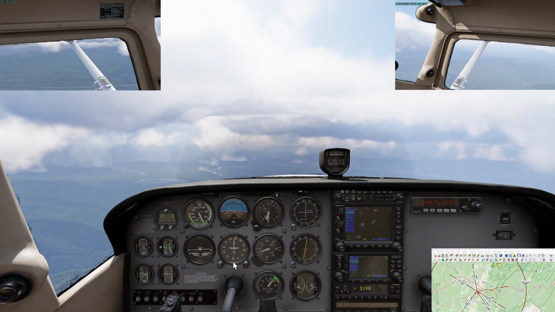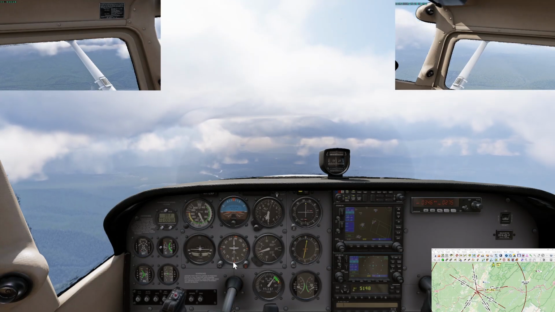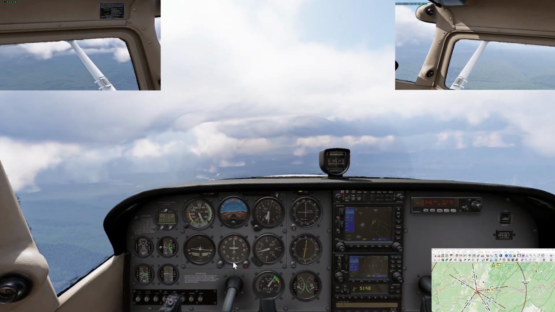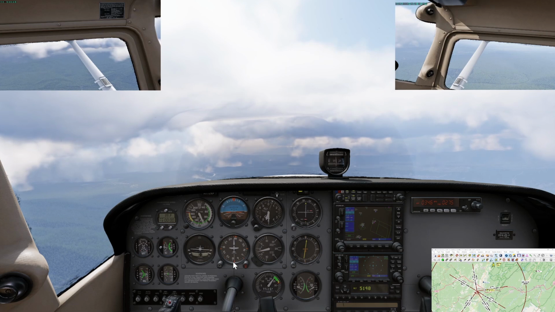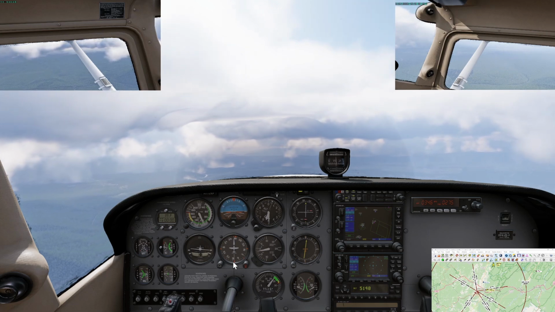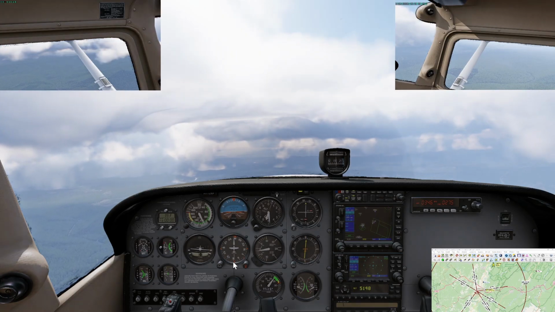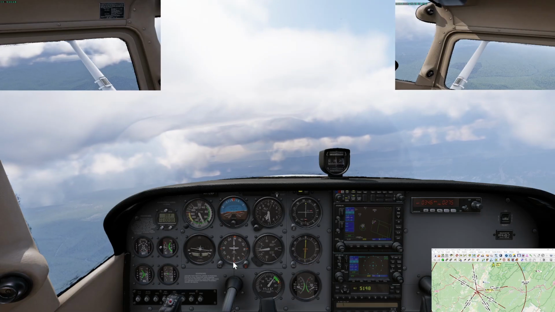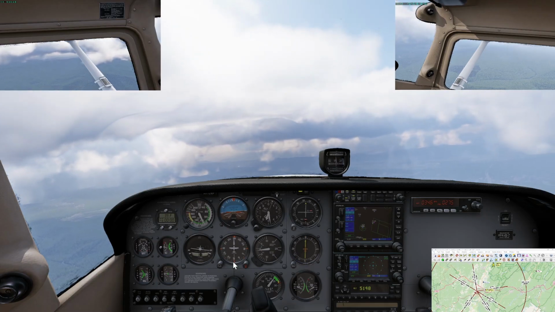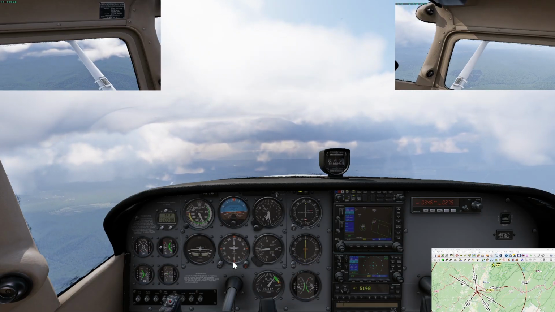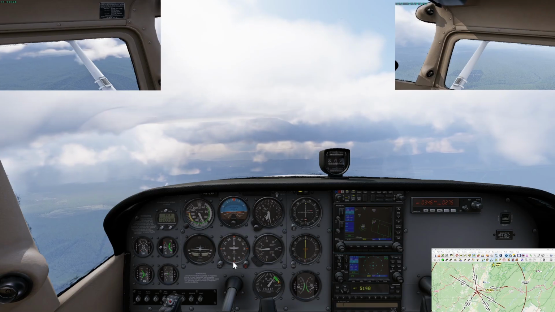Well, we're probably going to intercept the 225 bearing outbound. Tell you what we'll do. Let's say ATC now gives us a left turn to 225.